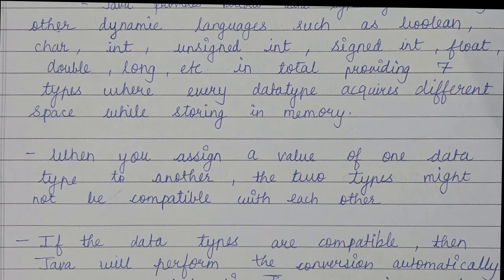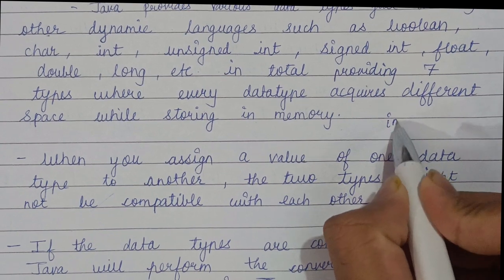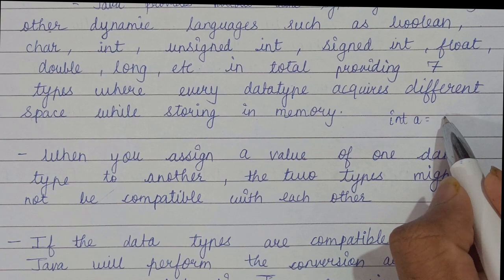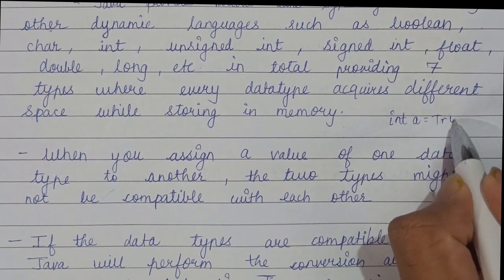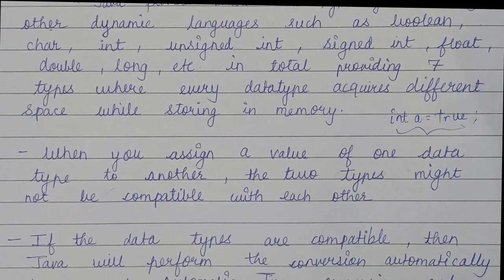If we assign, let's say, int a is equal to true, then it is not compatible, because we have assigned numbers to a variable and we are allocating the boolean type of data, so it will not take.